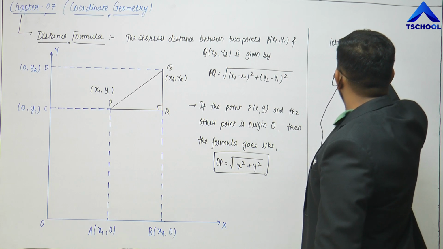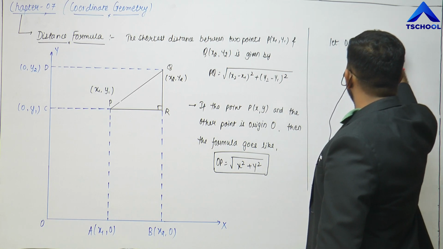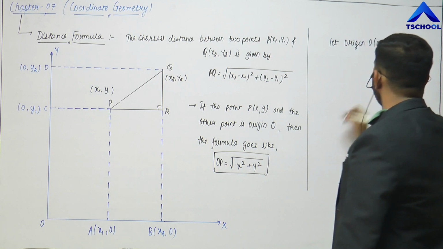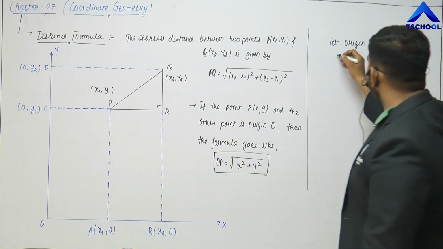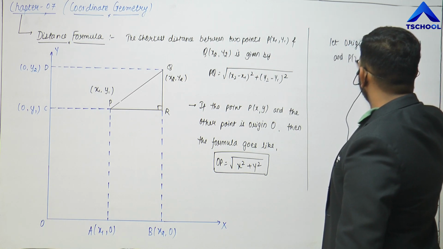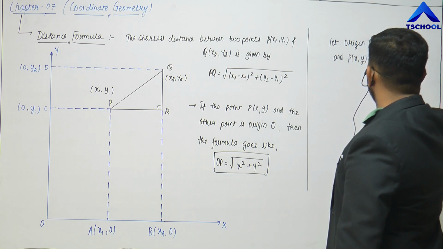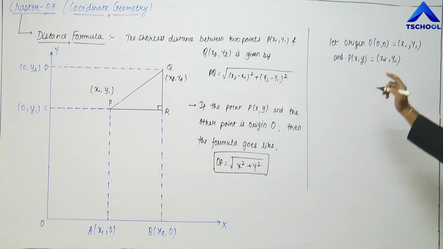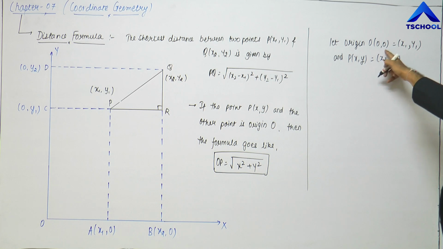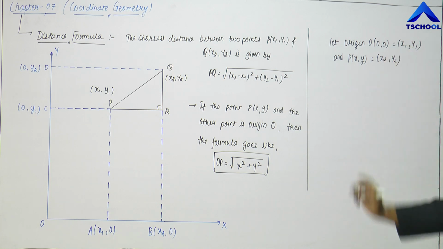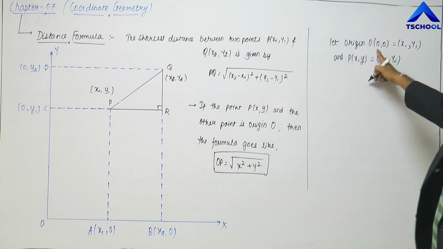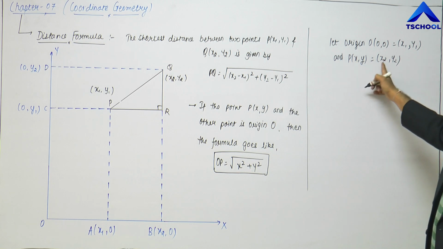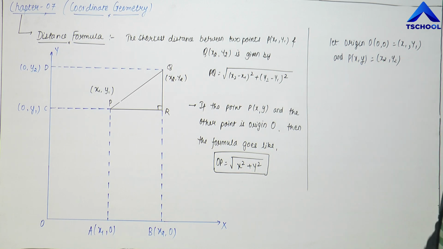Let origin O, that is 0 comma 0, be equals to x1 comma y1, and P x comma y is equals to x2 comma y2. So the two zeros refer to x1 and y1, x will refer to x2 and y will refer to y2, right?